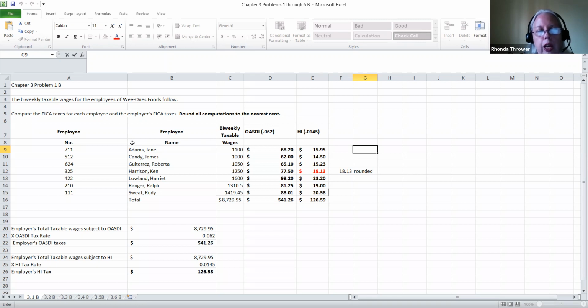Make sure when you calculate the employees' paychecks, the amounts taken out, you do it based on what the employees have earned. When you're calculating the employer's taxes, do it based on the total wages, so you won't get that rounding error.